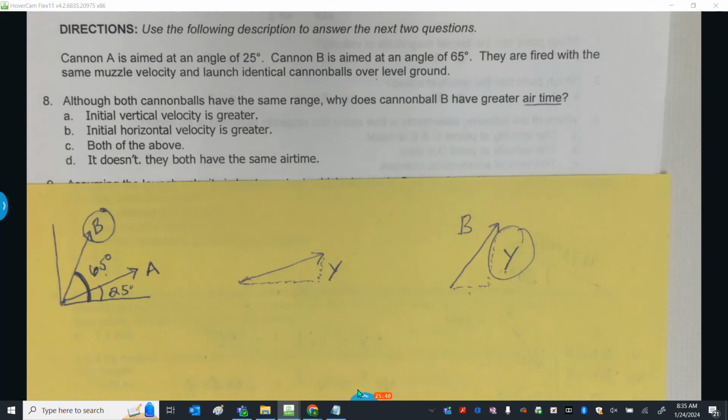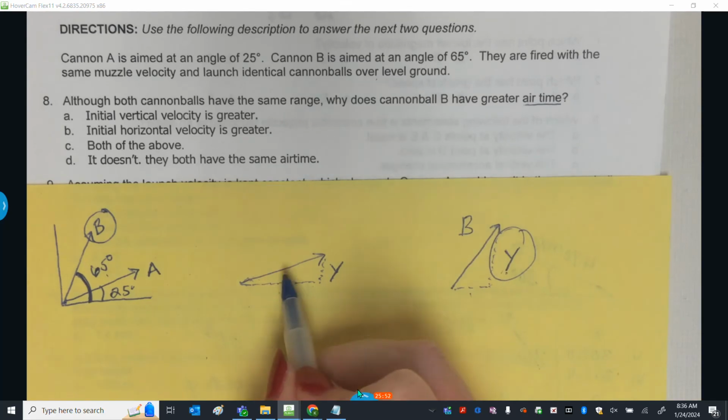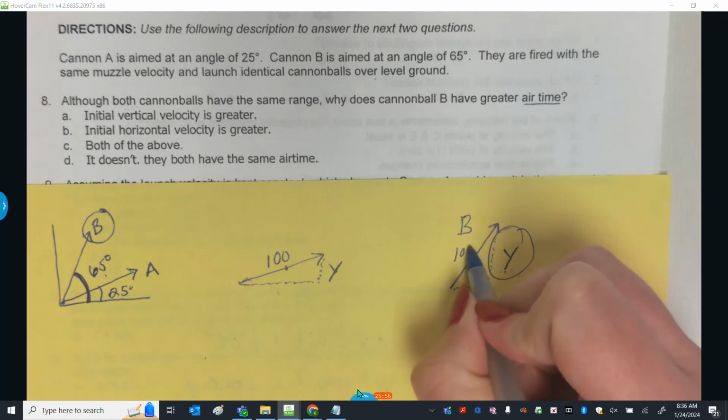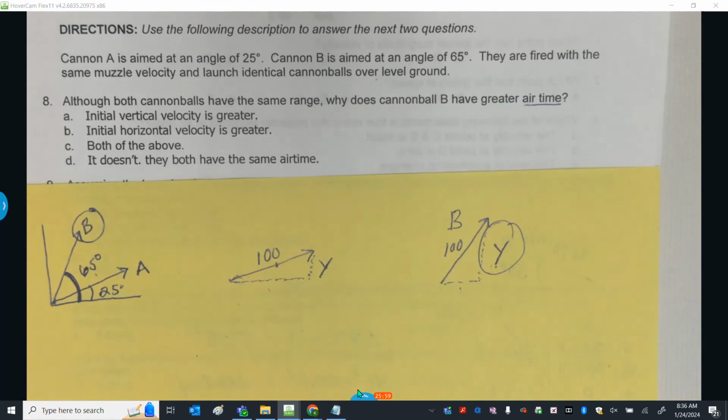Yes? So then what velocity weren't they launched at? You said they were launched at the same time. I'm sorry? They're launched with the same muzzle velocity. That's referring to this initial velocity here. So let's say they're both launched at 100. What's a muzzle? The cannon. It's your launch velocity. So they have the same launch velocity.